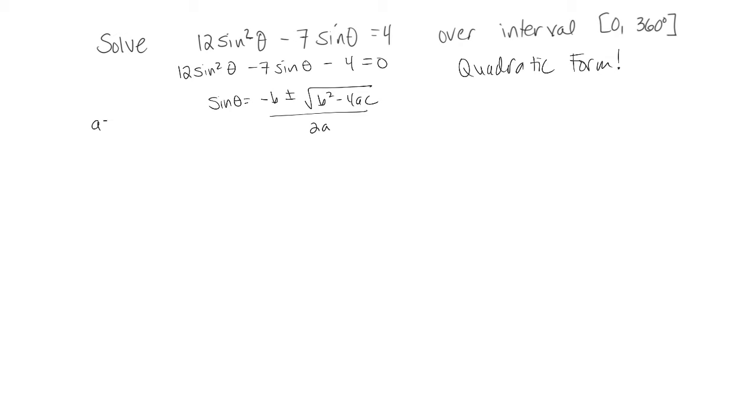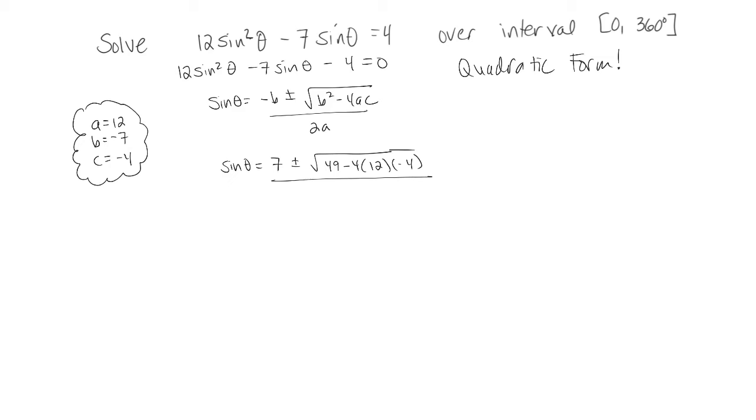In this case, a is 12, the coefficient of sine squared. b is -7 and c is -4. Plugging those into the quadratic formula, I get that sine theta is the opposite of b, so the opposite of -7 is +7, plus or minus the square root of -7 squared, which is 49, minus 4 times a, which is 12, times c, which is -4, and that's all over 2 times a, which is 12.